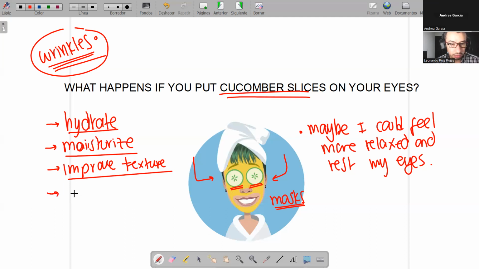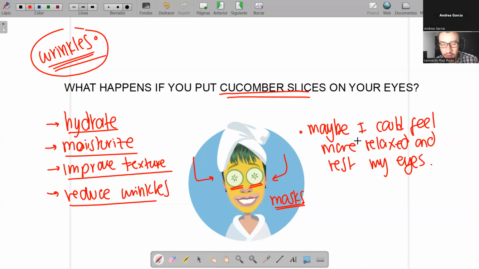It's a possibility to maybe reduce wrinkles, like arruguitas, right? Something like that. It has a different purpose, no? But the masks have different, how do you say that? Not parts, sorry, ingredients, that help with the skin, no?